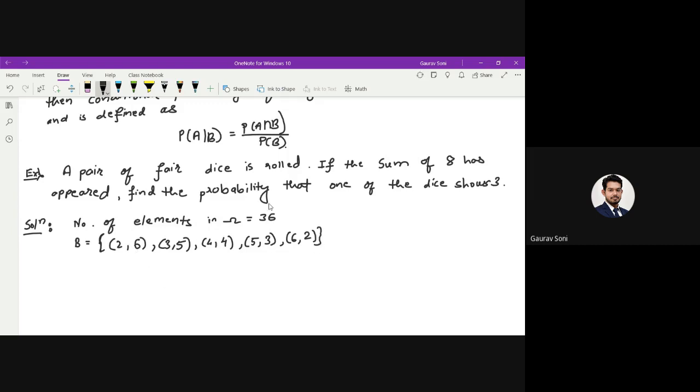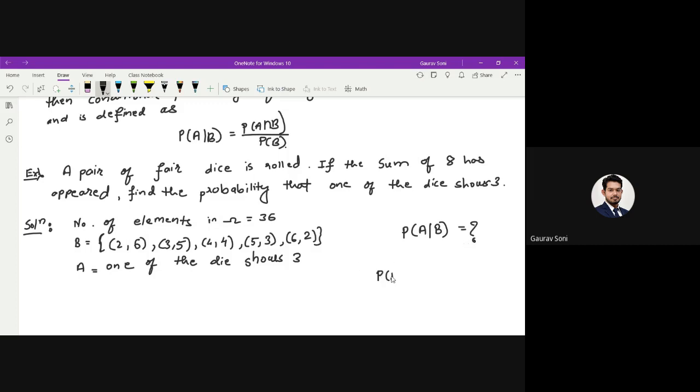And A is an event which shows that one of the dice shows 3. So what we need to find is probability of A when B has occurred.